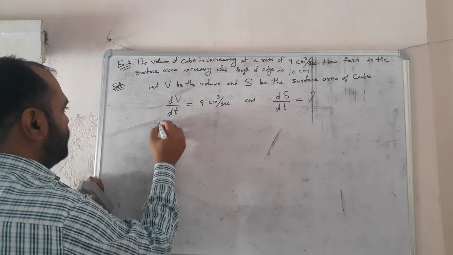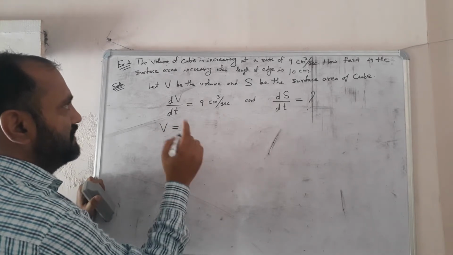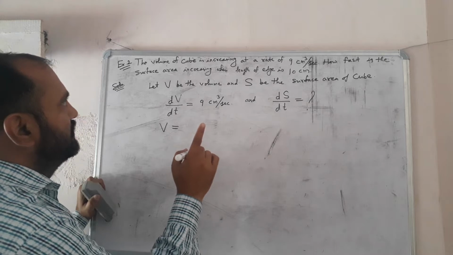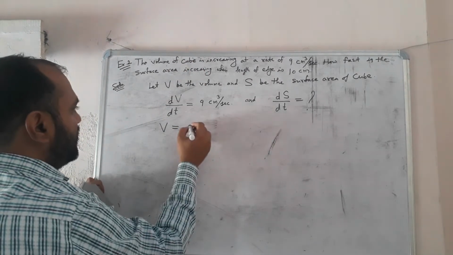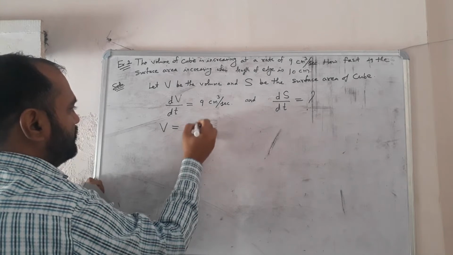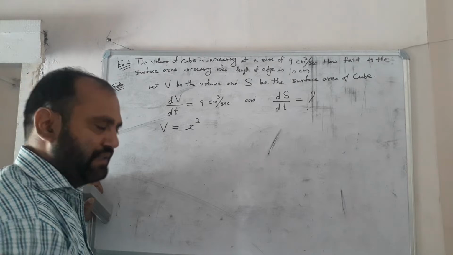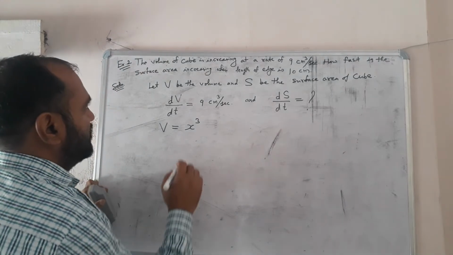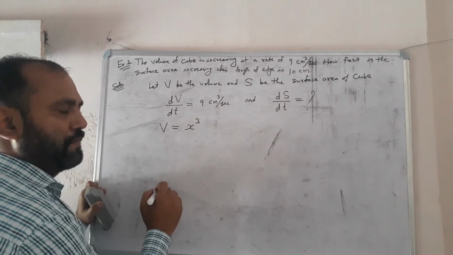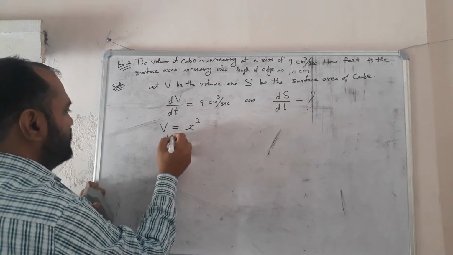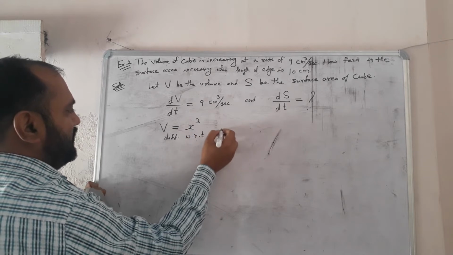As we know, the volume of a cube is x cube, where x is the length of edge. Now differentiate both sides with respect to t.